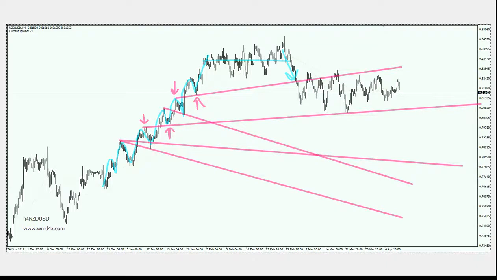Now, the first thing you're going to note is that first line we've drawn for support and resistance. Once the price broke under there, you'll notice she didn't give a heck of a lot of support, but the price broke straight through. When she pulled back, she's been acting as resistance, on the first pullback, the second pullback, and in fact, anytime she gets anywhere near it, she's acting as resistance.